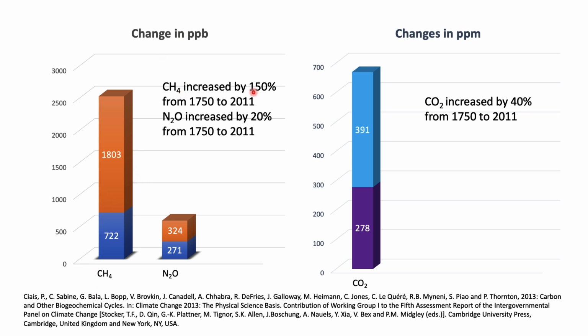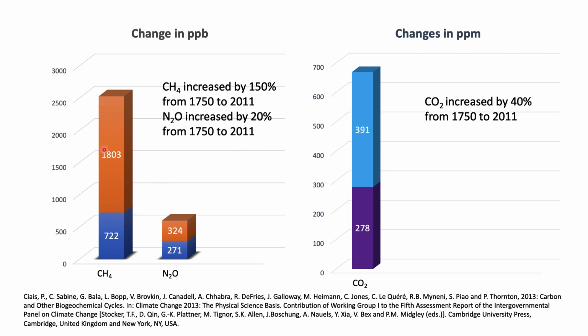So here is the change in the amount of greenhouse gases, mainly methane and carbon dioxide. The change is given in parts per billion. Methane had increased by 150% from 1750 to 2011. N2O had increased by 20% from 1750 to 2011.